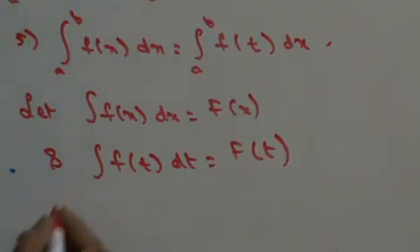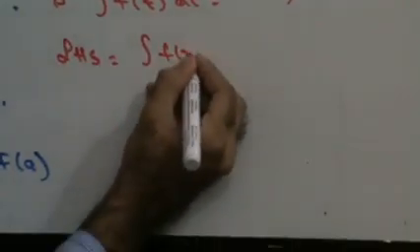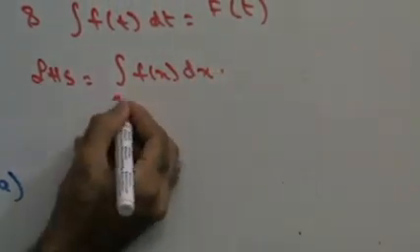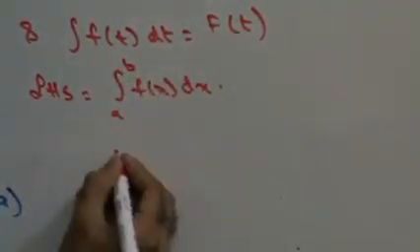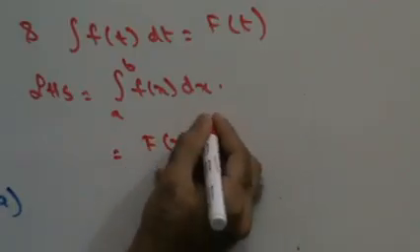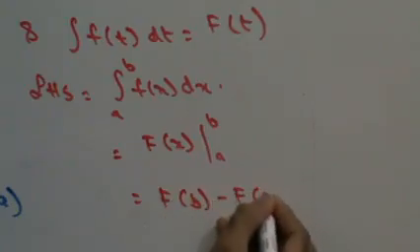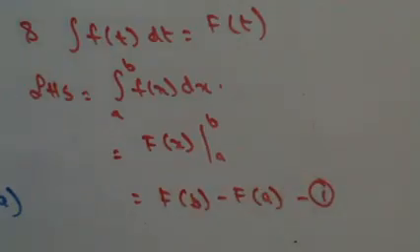Now, let's see our LHS. LHS is integral of f of x with respect to x when the limits are from a to b, which is nothing but capital F of x when the limits are from a to b, which is nothing but upper limit minus lower limit. All this is equation 1.